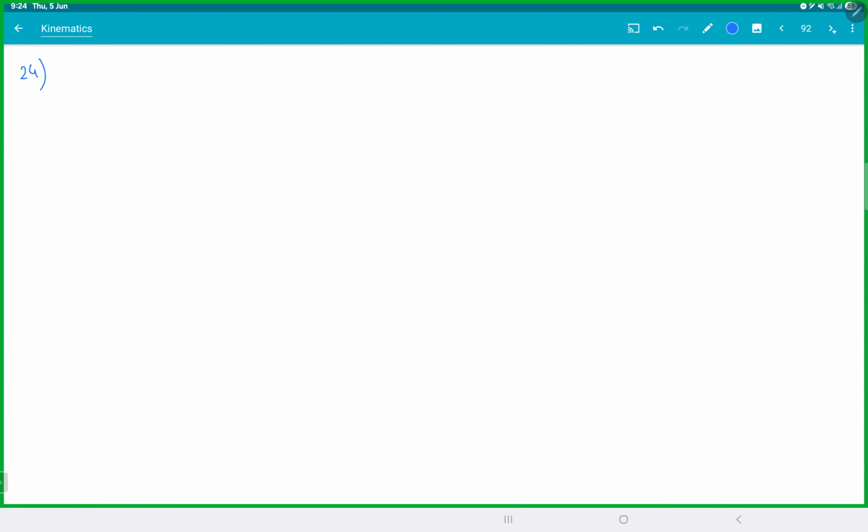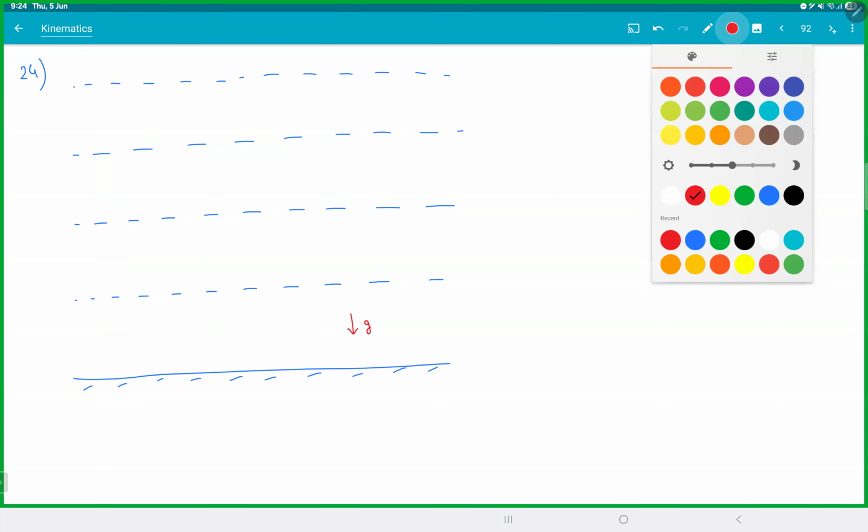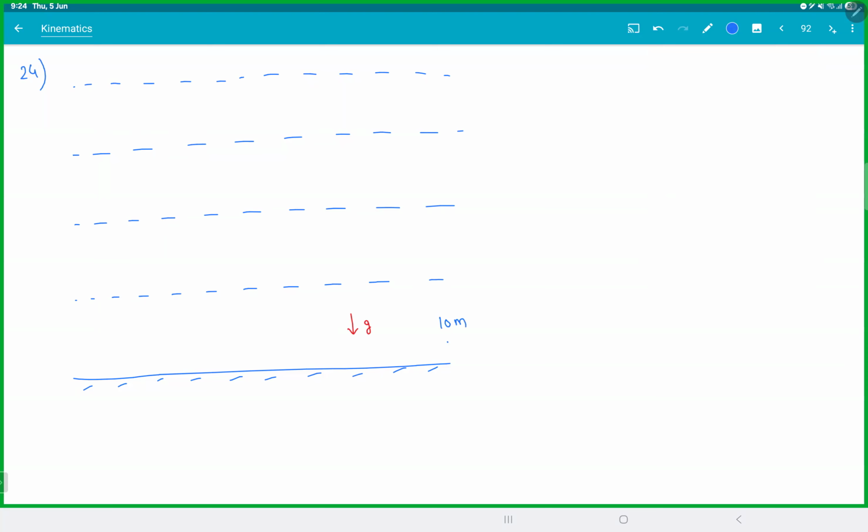This is a good one, right? If it's an advanced question, I'll ask you this, maybe at this level at least. So we have a weird planet, where for every 10 meters, the gravity gets messed up.